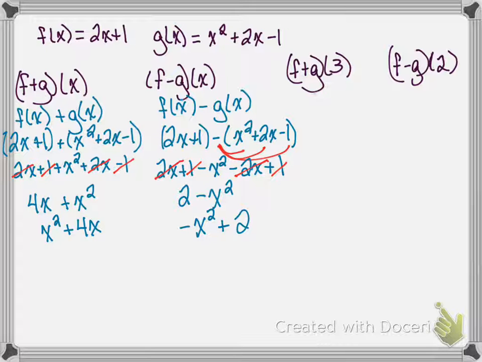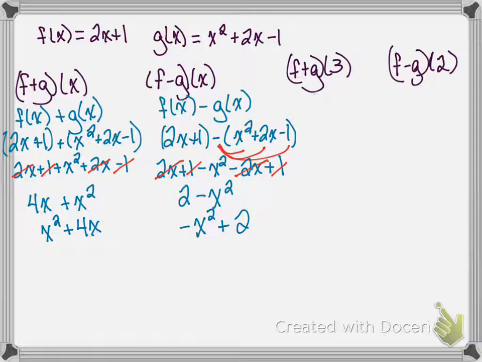Do not rewrite it as x squared minus 2. Because the negative belongs to this x squared. So we're going to put it right here. Just be aware that you got to keep that negative with the x squared.